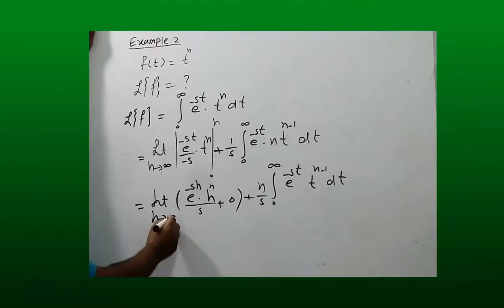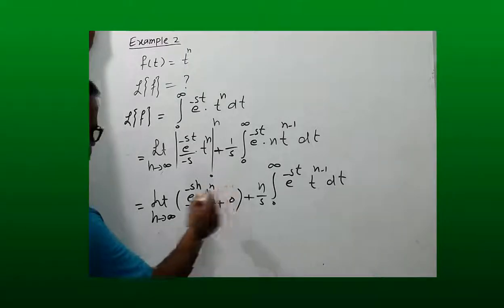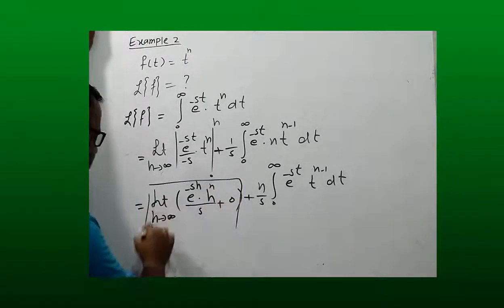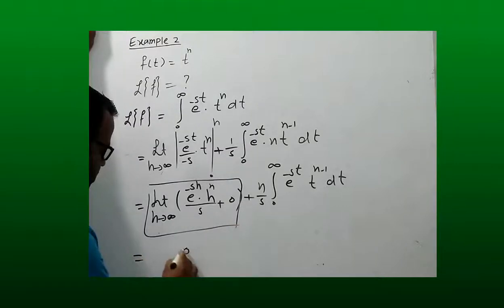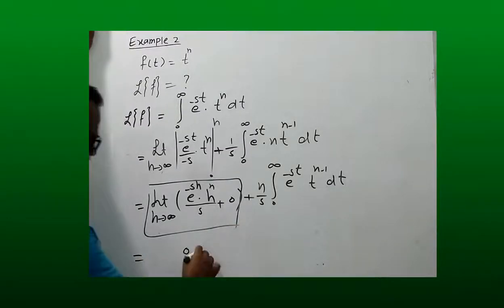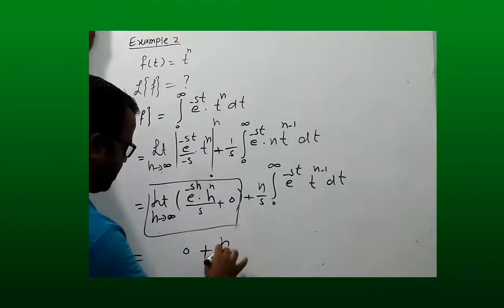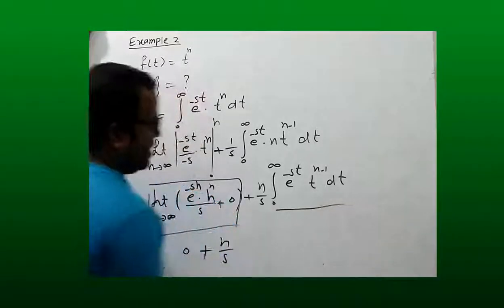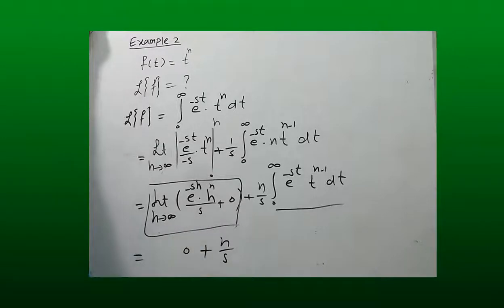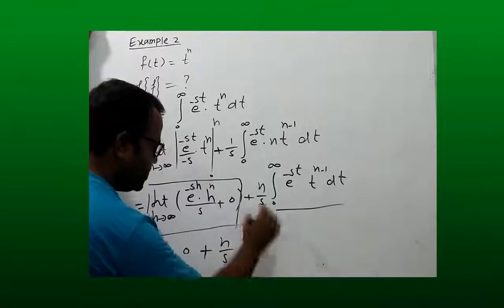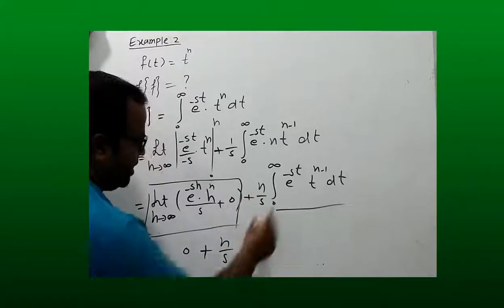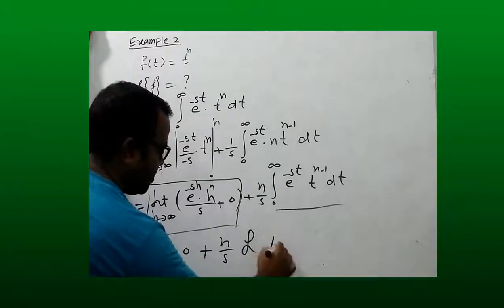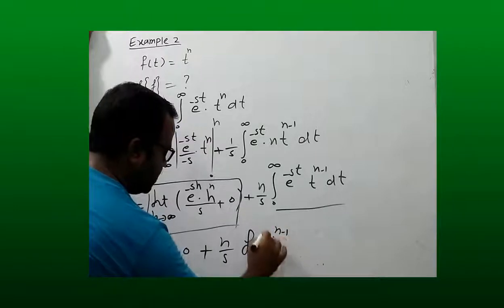So by applying the L'Hopital rule on this term, it will convert into 0. So it is again n by s, and by the definition of Laplace transformation it can be written as the Laplace of t raised to the power n minus 1.